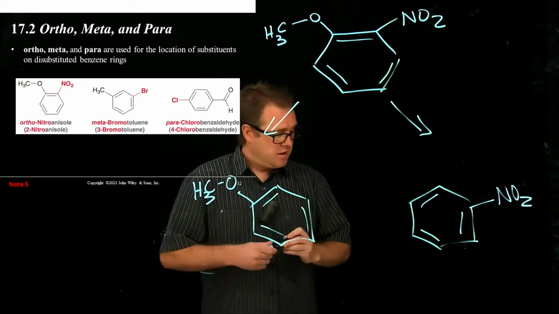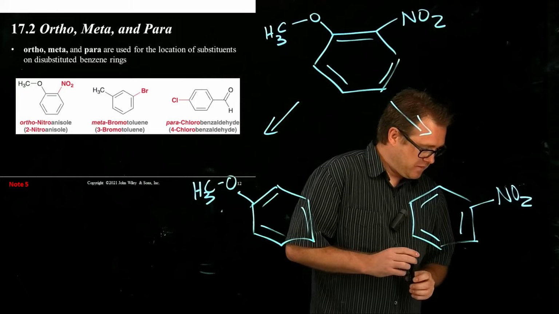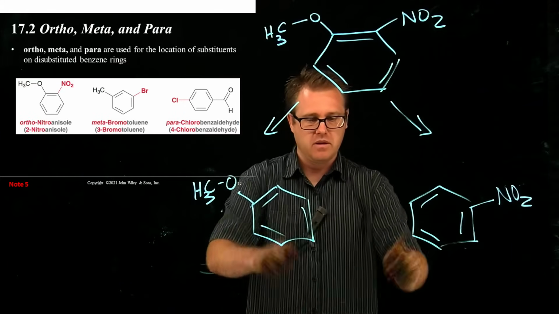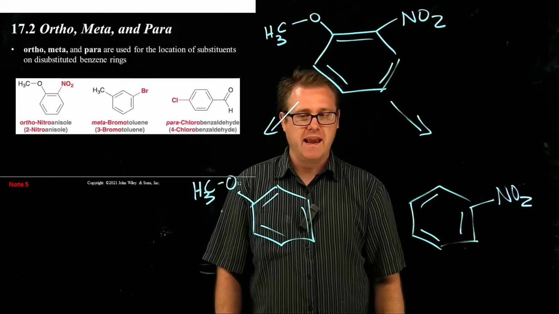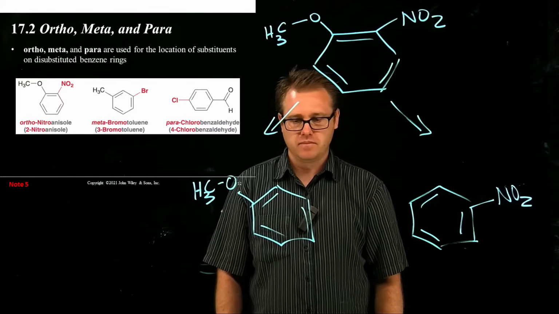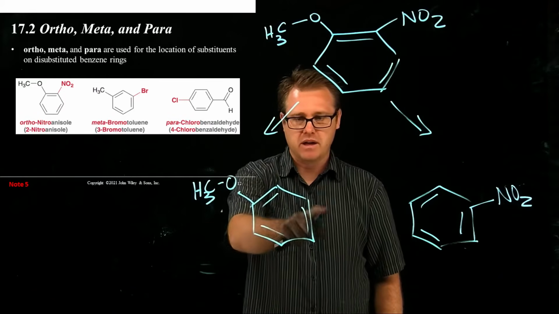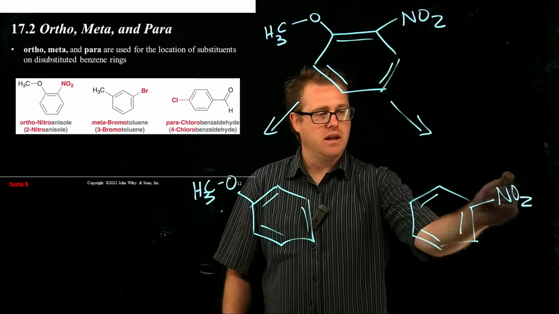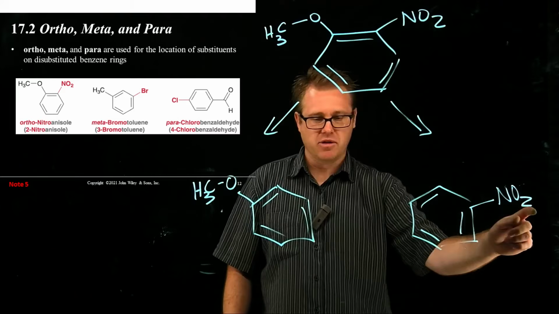Now when I look at these two right here, which one has a common name? This guy right here is called anisole, and this guy is nitrobenzene.